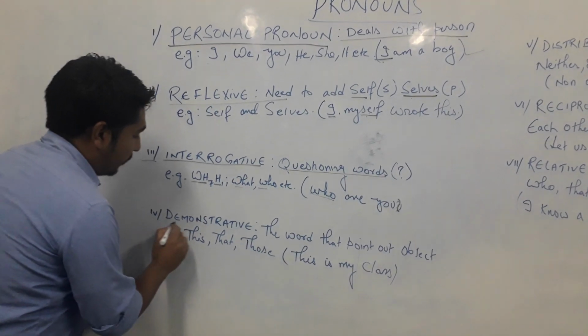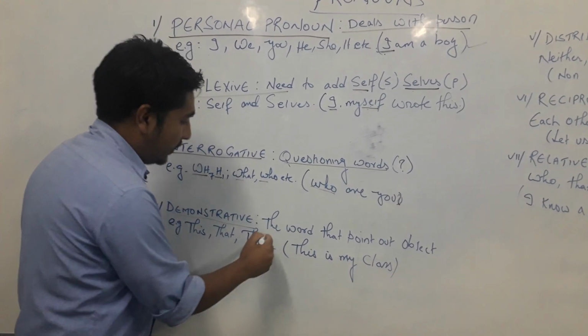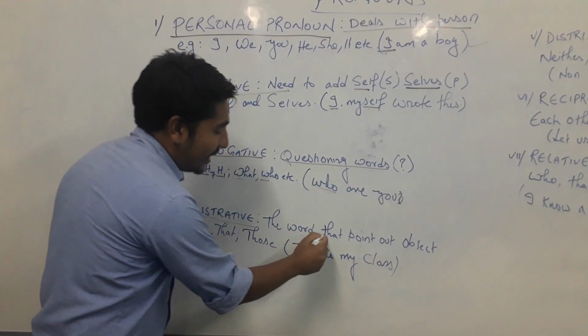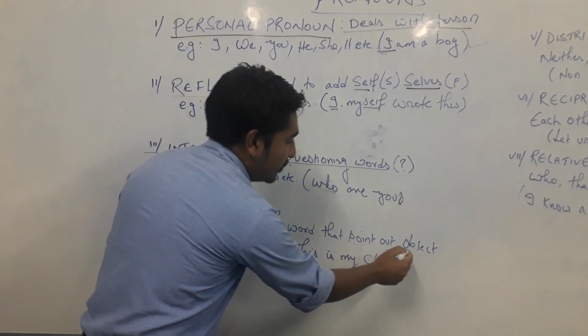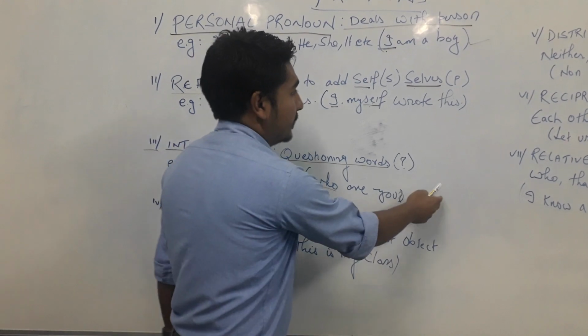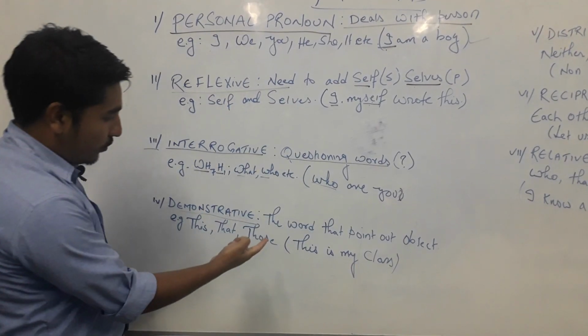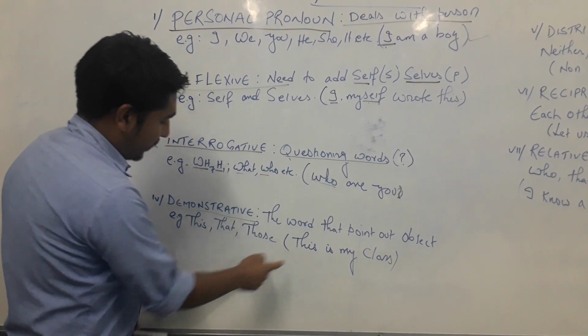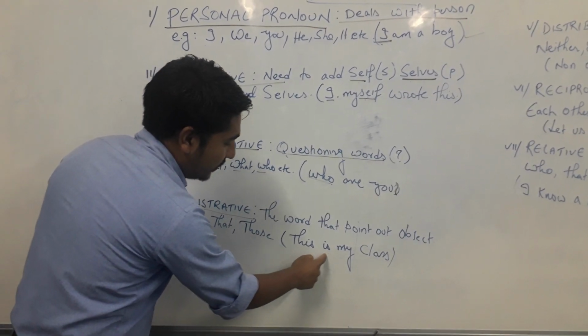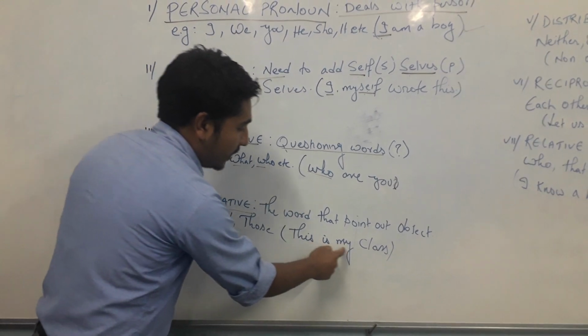Now let's move forward. Demonstrative. Demonstrative means here the word that point out object. Suppose this is whiteboard. Now again, one more sentence I have given here. You can just see, this is my class. This is my class.